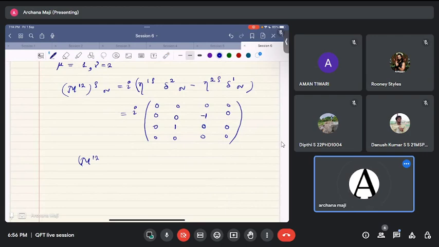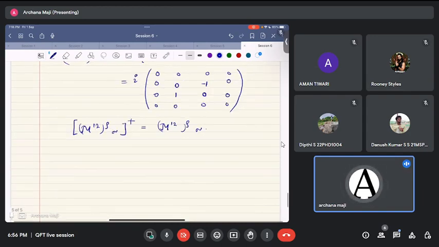M12 rho sigma whole dagger equals M12 rho sigma. And this is true in general. In general, if you write down Mij, where i and j go from 1 up to 3, and you take dagger, you will always get Mij rho sigma.